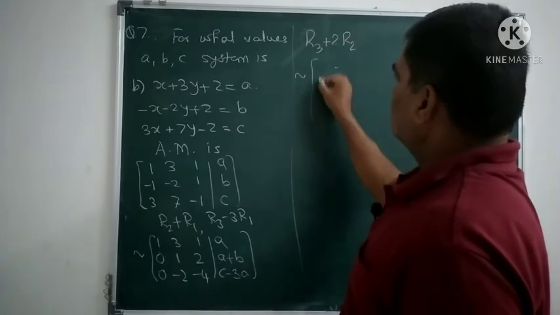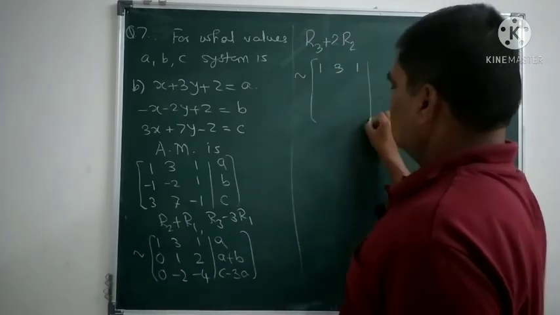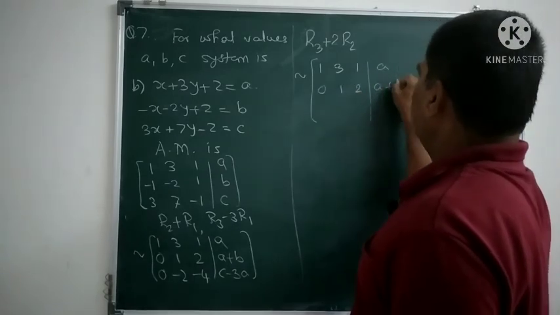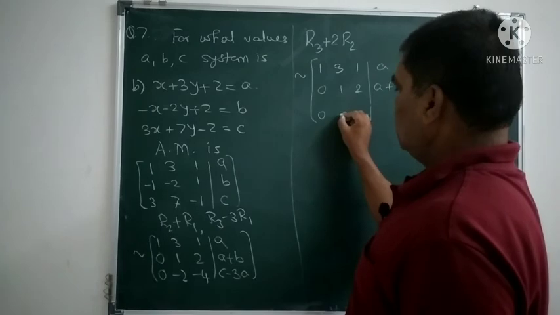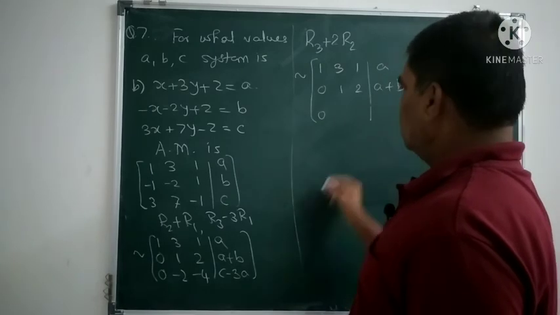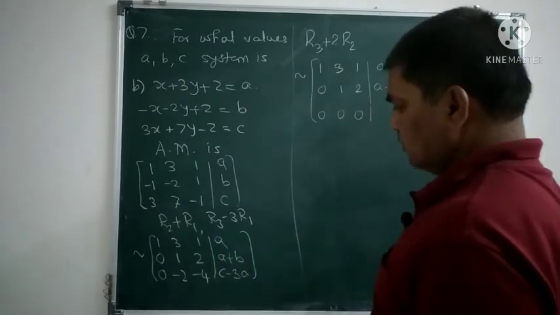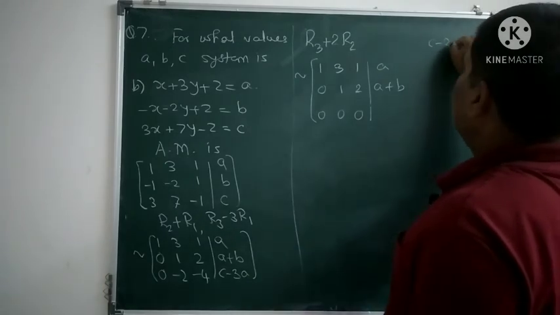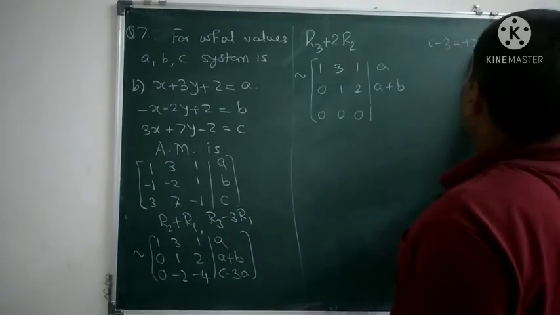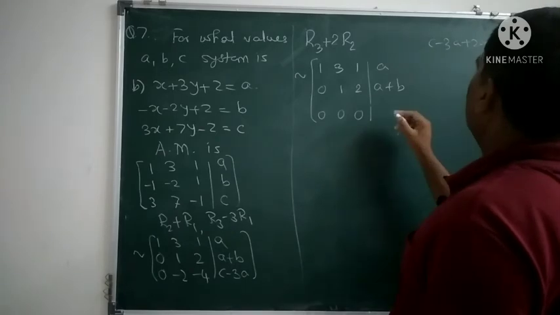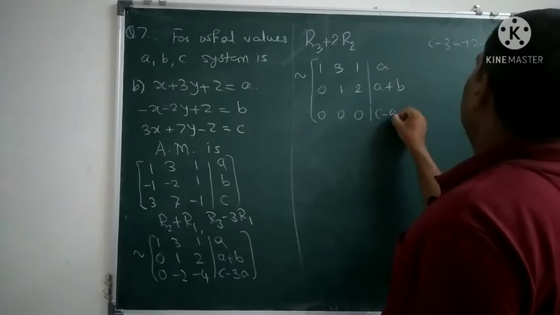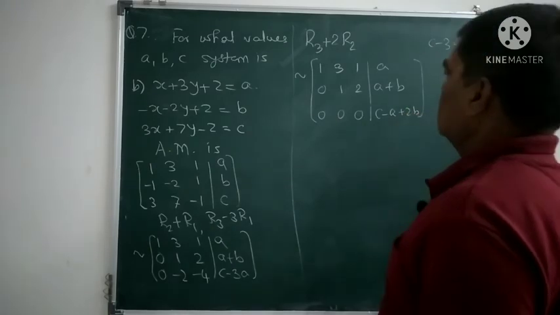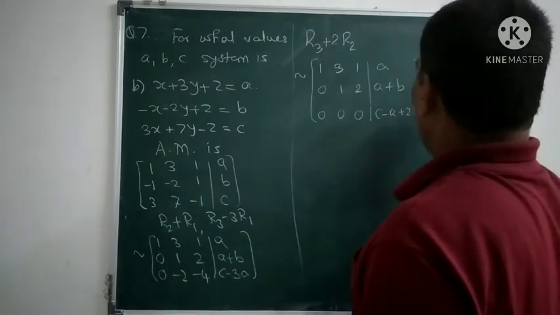This gives us 1 3 1 A; 0 1 2 A plus B; and 0 0 0, and C minus 3A plus 2A plus 2B. So we get C minus A plus 2B. Okay, this is your row equivalent form.